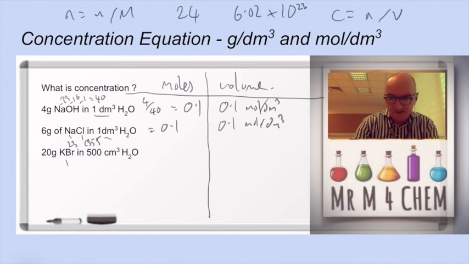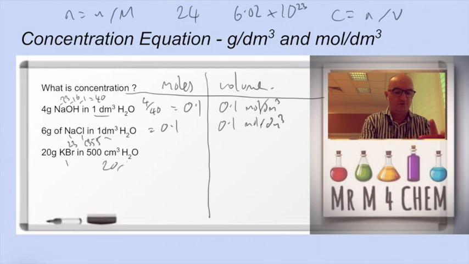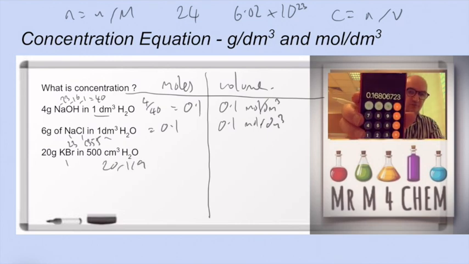So potassium is 39 and bromine is 80. 39 and 80 is 119. So that's 20 over 119, which equals 0.17.